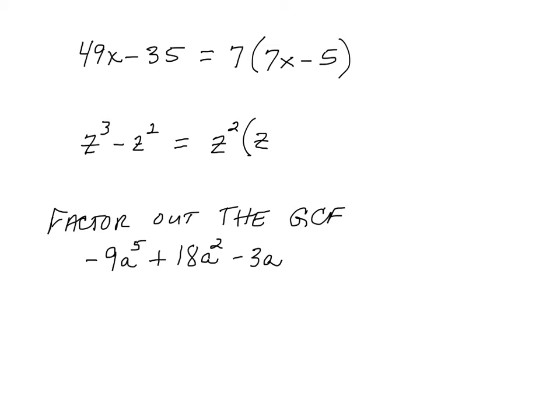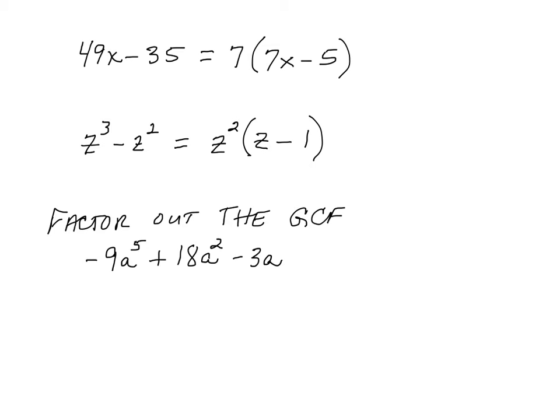So let's factor out the z squared, and we're left with z. But what happens when you divide z squared by z squared? You get 1. It is very, very important that you understand this is going to be a 1.